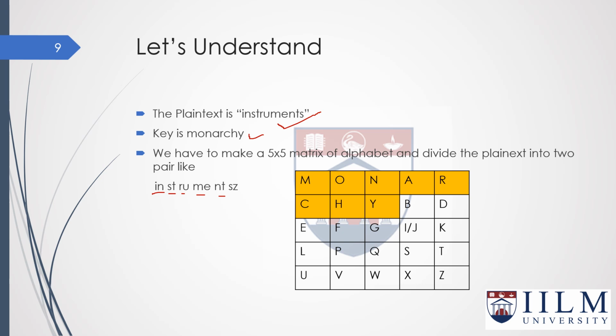Then S is left. If we see 1, 2, 3, 4, 5, S is single. So to make it a pair, we just need an arbitrary letter. We can add an X or a Z, anything. That depends upon the user who is creating the ciphertext. Moving to the next, how it is going to work.